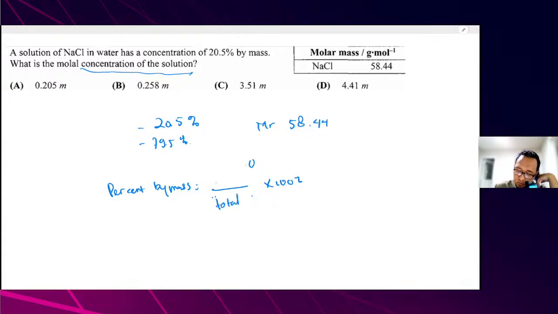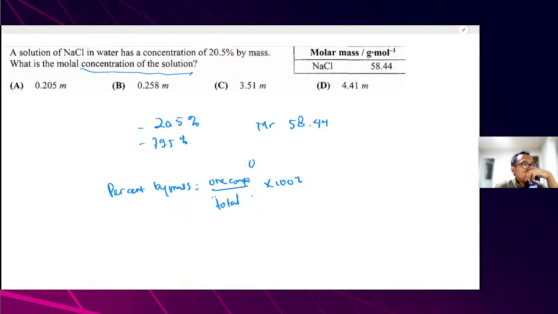This one is one component, and it should be mass solid per mass solution.